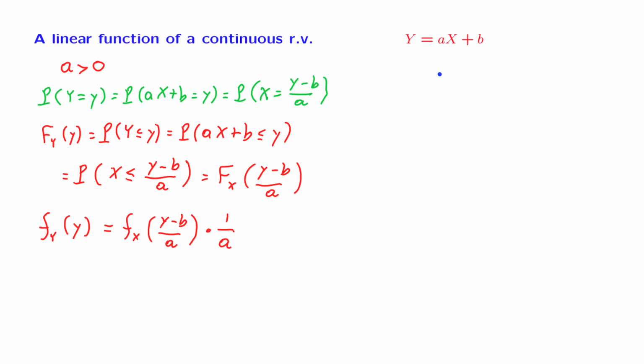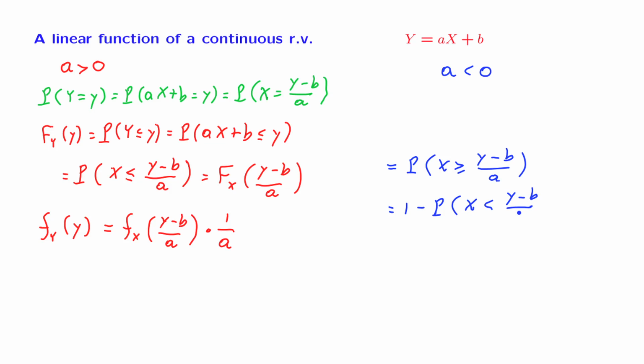How about the case where a is less than 0? What is going to change? The first step up to here remains valid, but now when we divide both sides of the inequality by a, the direction of the inequality gets reversed. So we obtain instead the probability that x is larger than or equal to (y minus b) divided by a, and this is 1 minus the probability that x is less than (y minus b) over a.